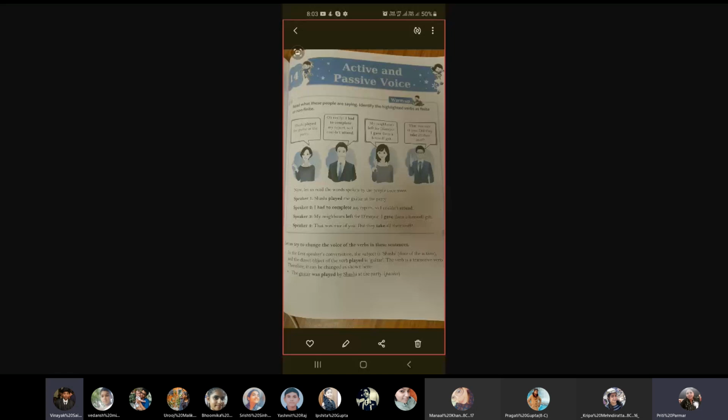So, if we change the first active conversation, Shashi played the guitar at the party, into passive, it will be the guitar was played by Shashi, and then the remaining sentence remains the same, at the party.